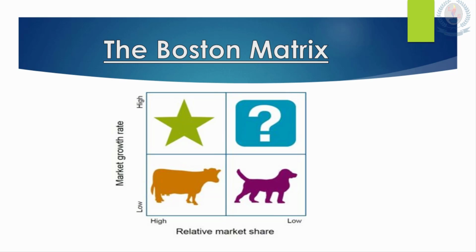When they are using the BCG matrix as a tool for portfolio analysis, they need to gather all the required details regarding two major facts: the market share and the growth rate of all of their product categories.